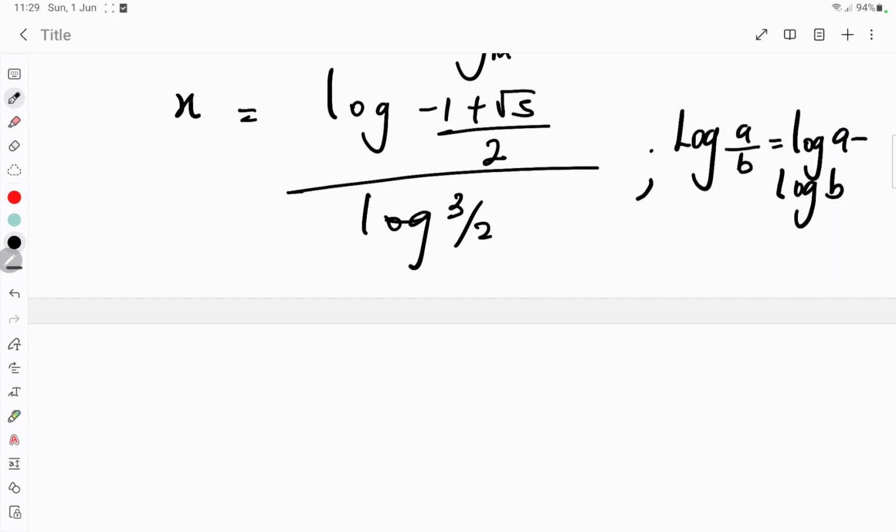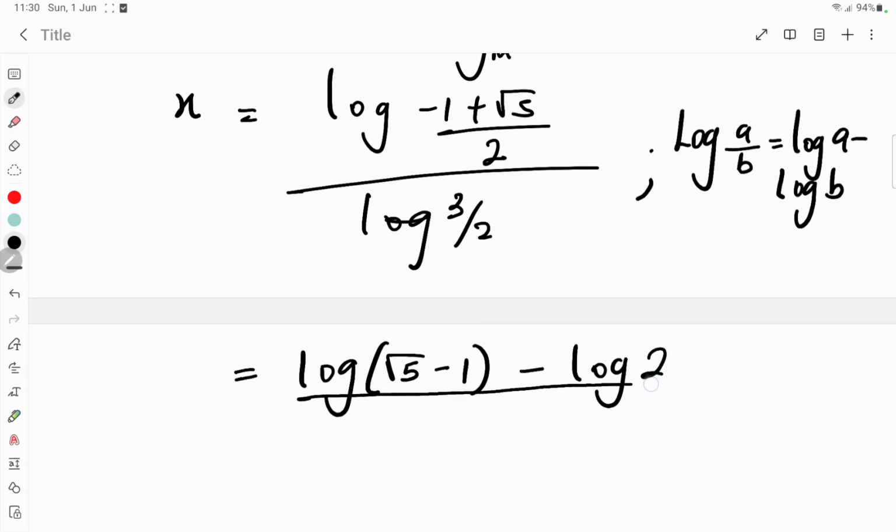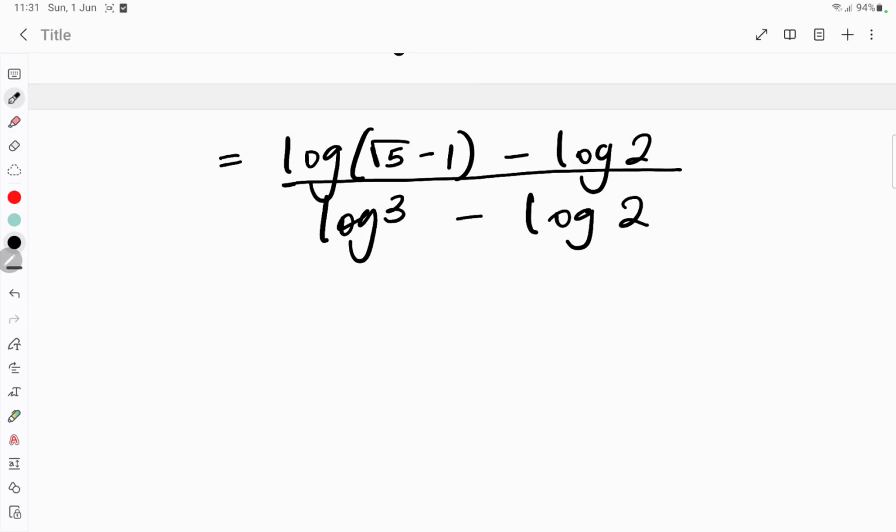So if you apply this rule here, you will see that we have log of root 5 minus 1, I just reversed it, then minus log 2 applying it in the numerator, divided by log 3 minus log 2. So this is the actual value for x.